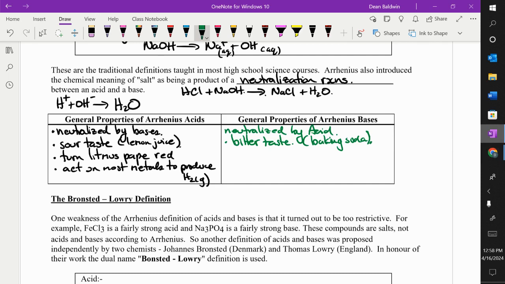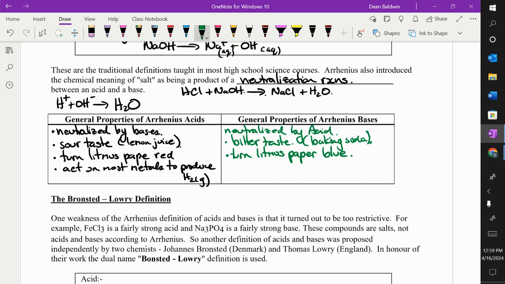Acids turn litmus paper red, bases turn litmus paper blue. Look at that. How did you know about that? Also, if you were in chemistry 11 and you made soap, such as the excellent bars over there, you use bases.